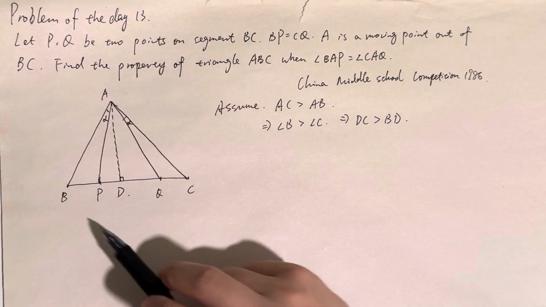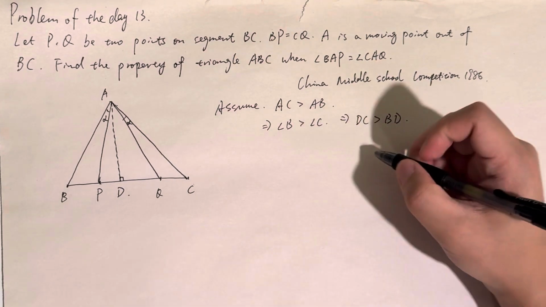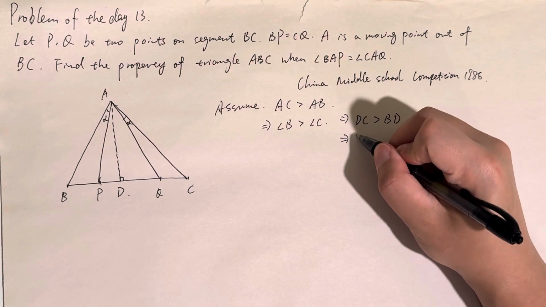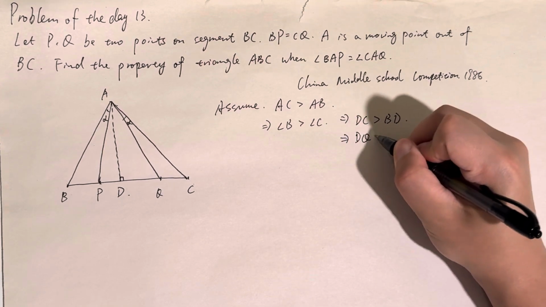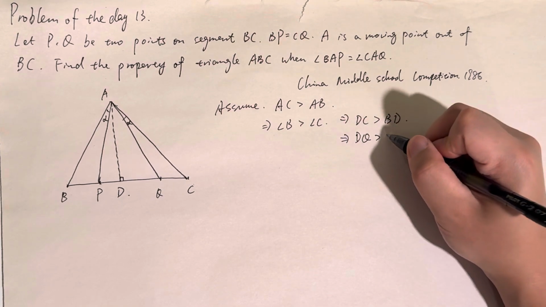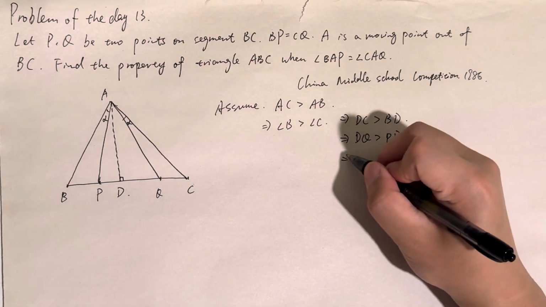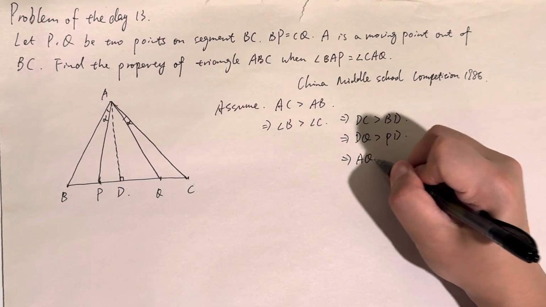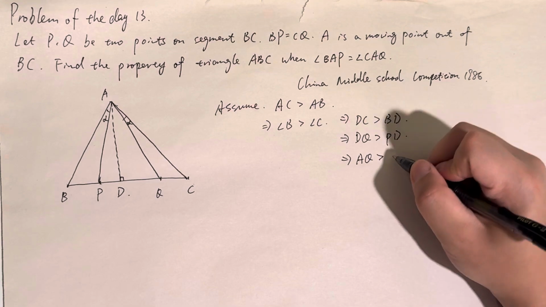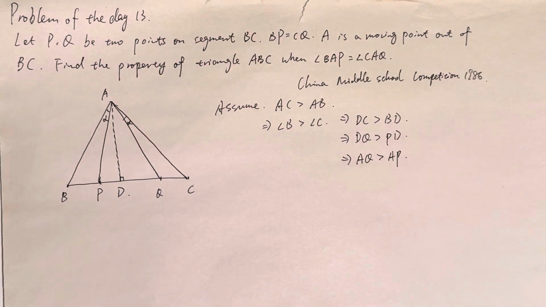And because BP equals CQ, we know that DQ is larger than PD, which means AQ is larger than AP.